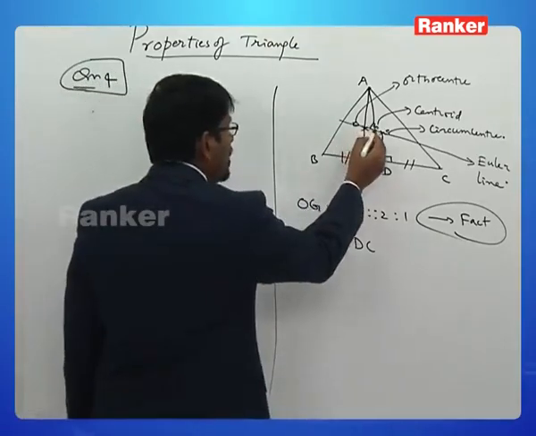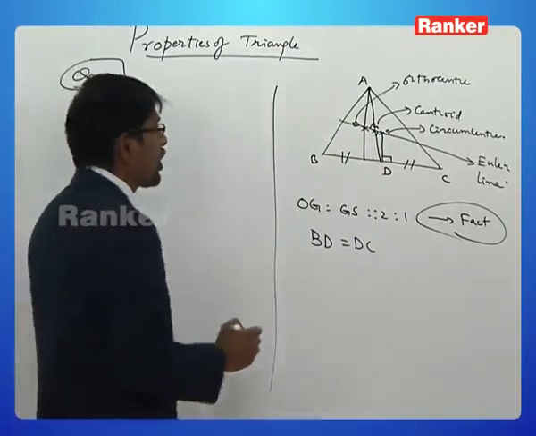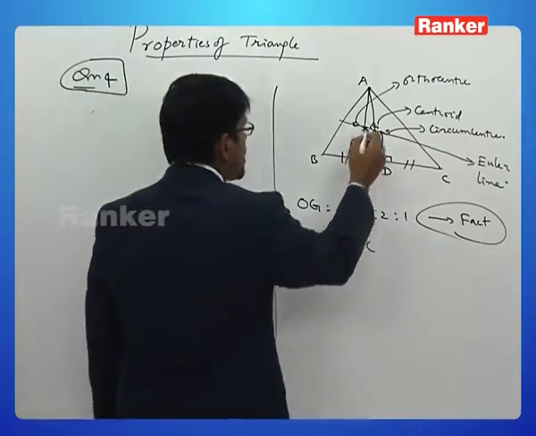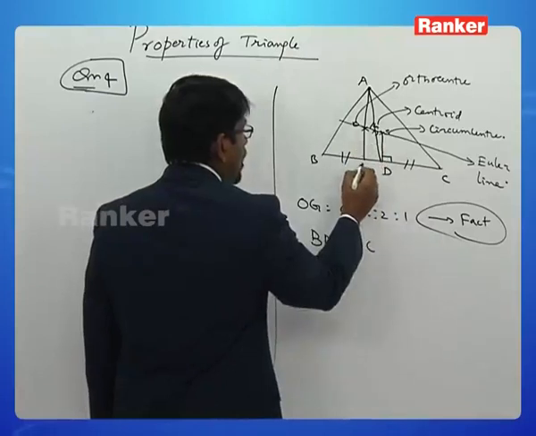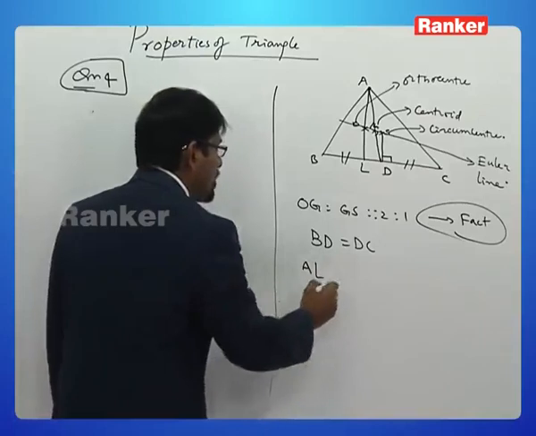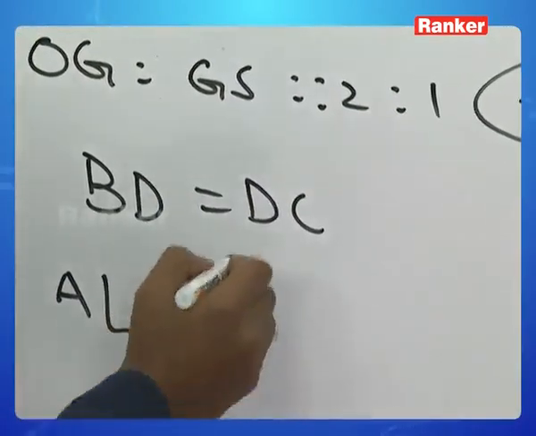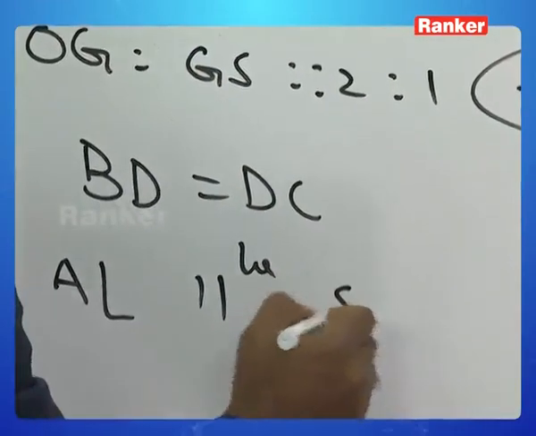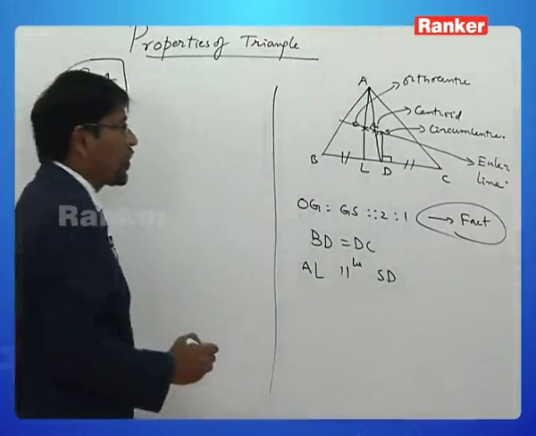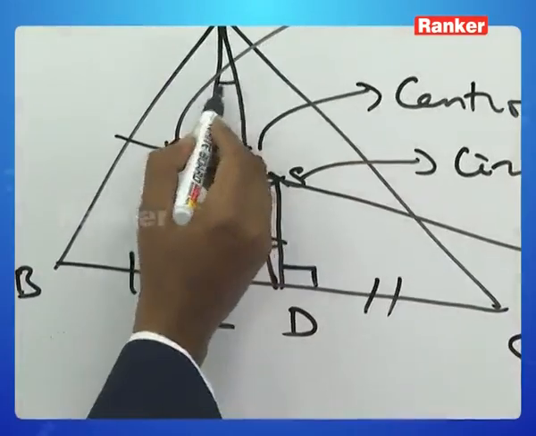This angle and this angle are both equal, vertically opposite. We'll call this AL. AL is parallel to SD. Therefore, this angle and this angle also will be equal.